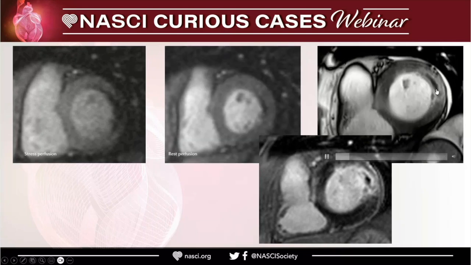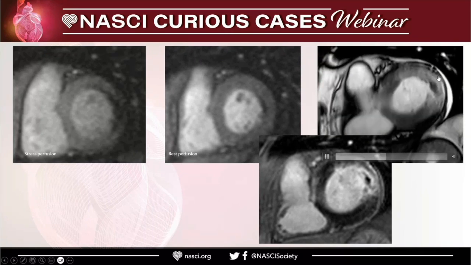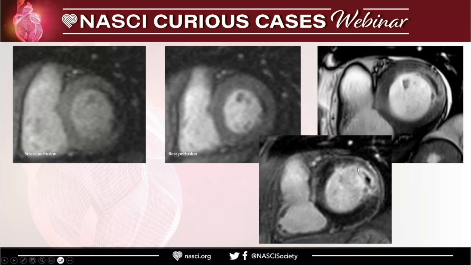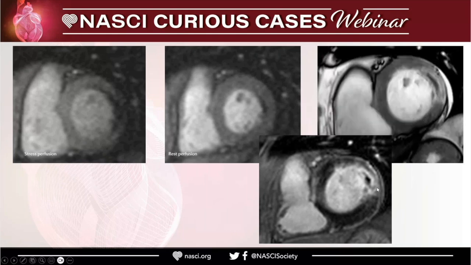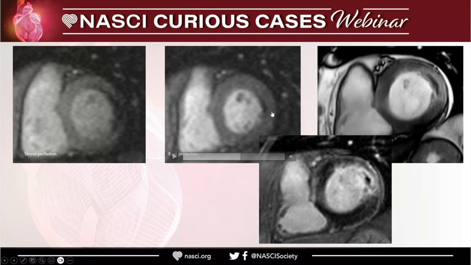So we have the SSFP here where the myocardium is already enhancing because we did the stress before our short axis SSFP. And then you look at the delayed enhancement, there is a large area of delayed enhancement that is not showing a resting perfusion defect because that area is already enhancing.